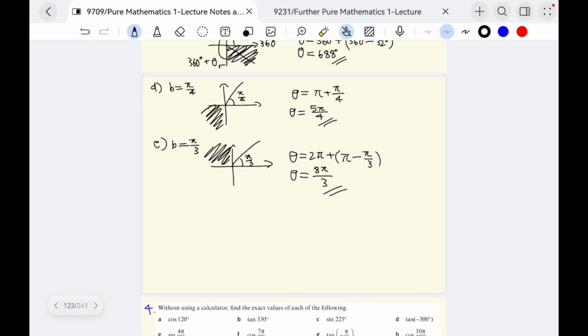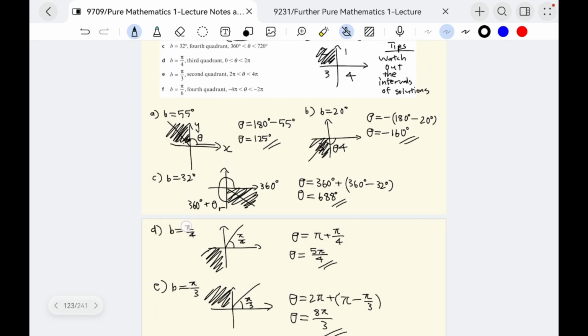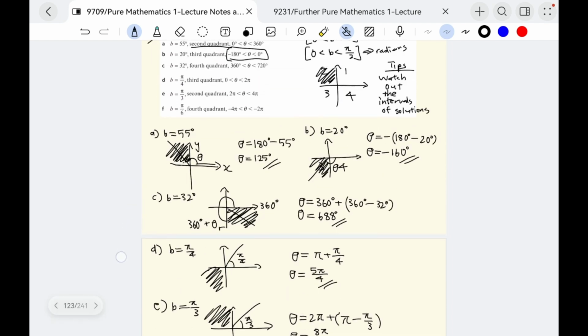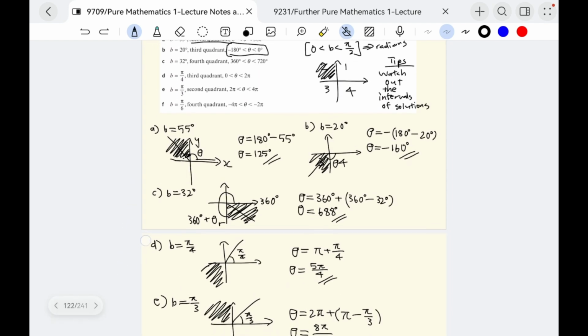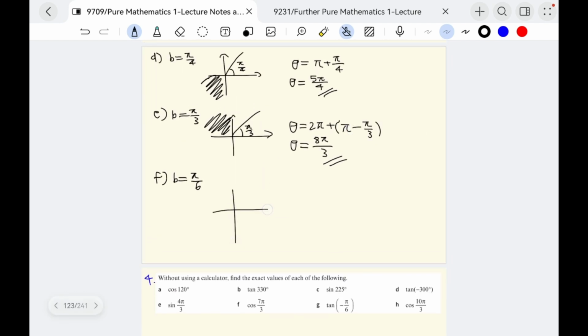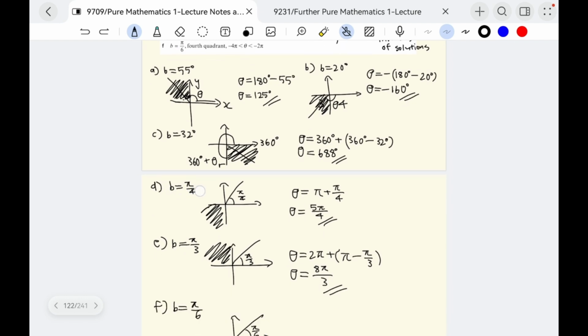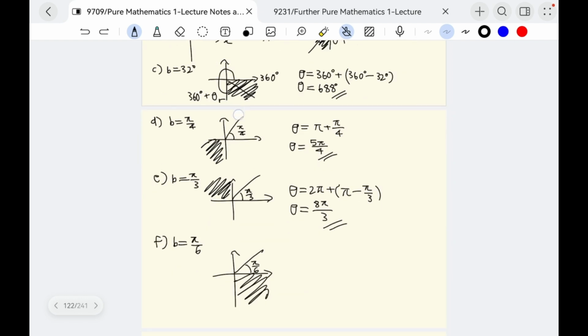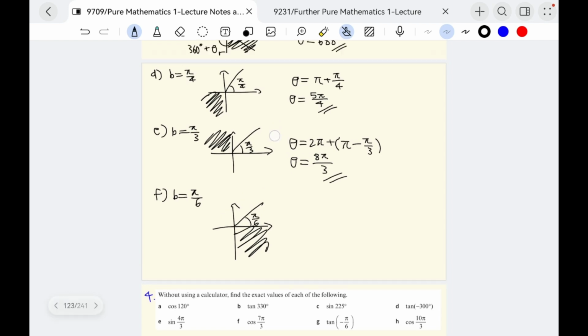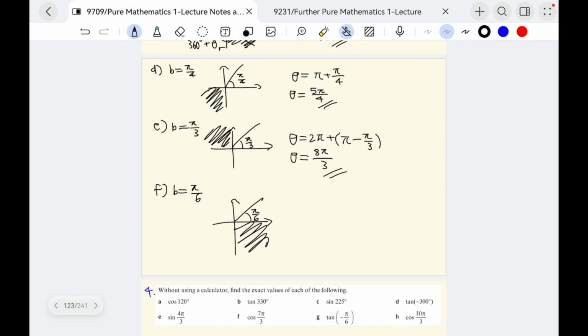Okay, so for part F, as the last part of this question, given the base angle is pi over 6, it wants you to find its angle in the fourth quadrant. This quadrant. What is this interval, from negative 4 pi to negative 2 pi? So for theta, it must be negative.